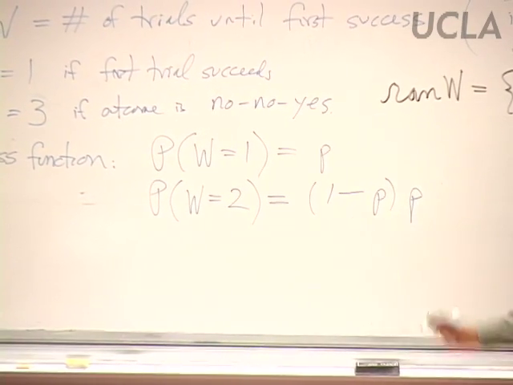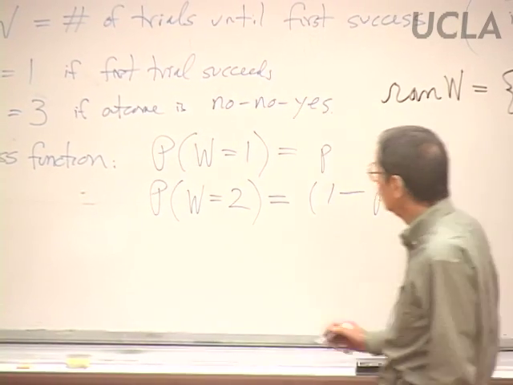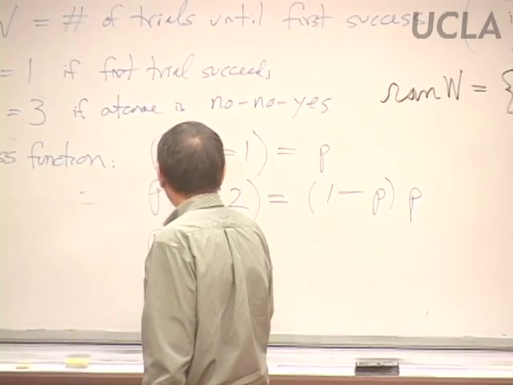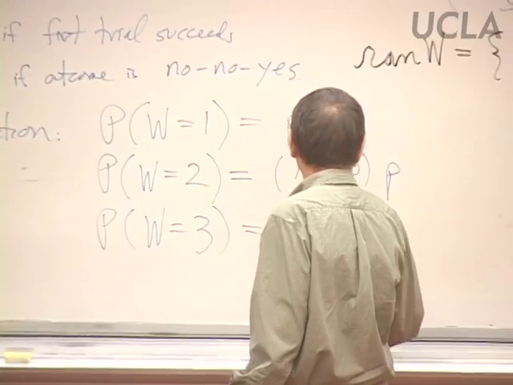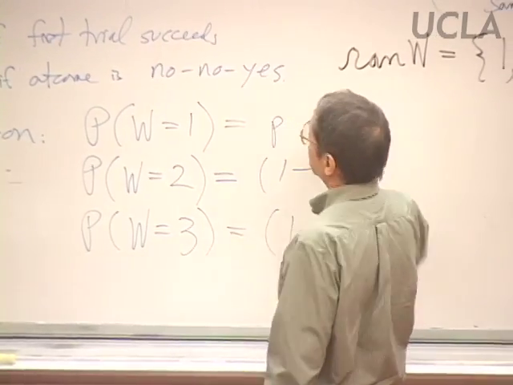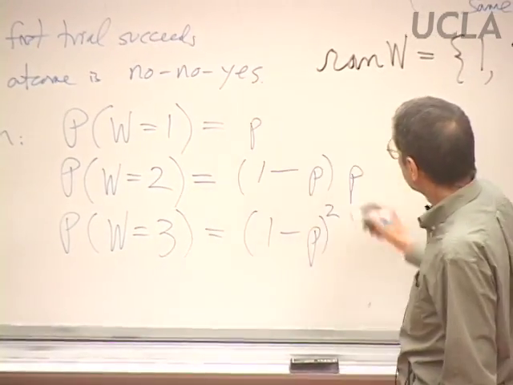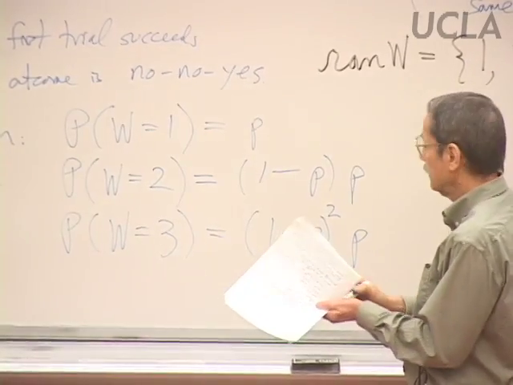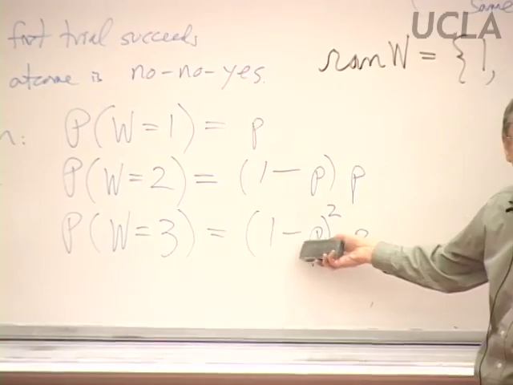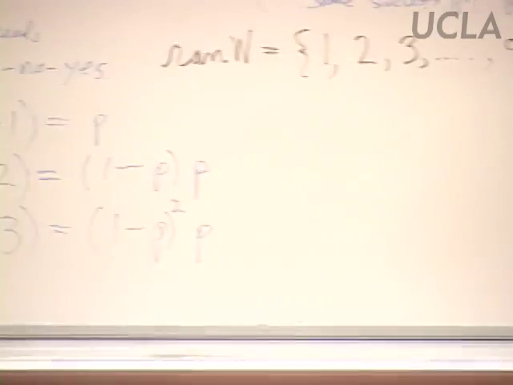So this is going to be the probability that the waiting time is 2. For 3, well, that means we had those 2 failures and then a success. Well, you see how it's going to go. Okay, so now we'll move the boards around and write it down.